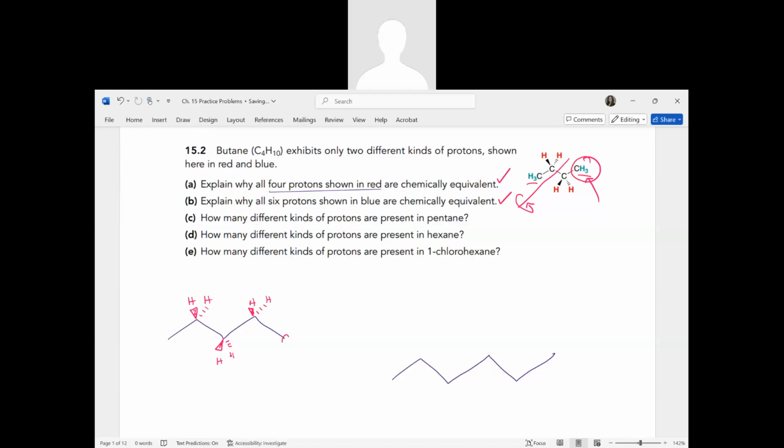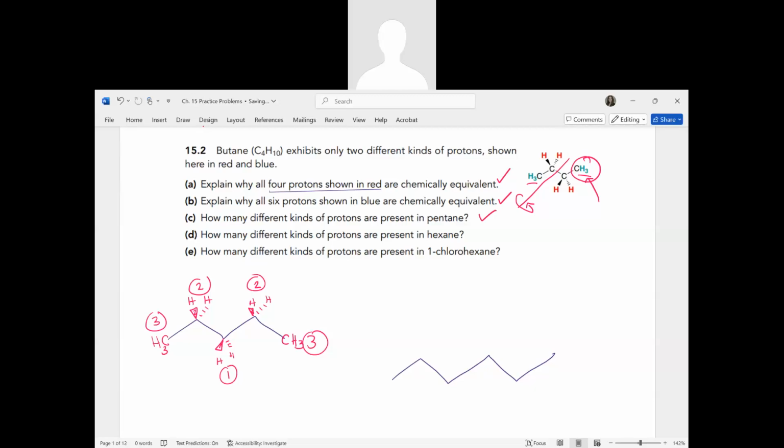And then finally, on each of these ends here, we would see a third type of chemically distinct proton. So therefore, we have 3 different types of protons shown, right? So we have one, these 2, and then this third type shown here. So that's for part C.